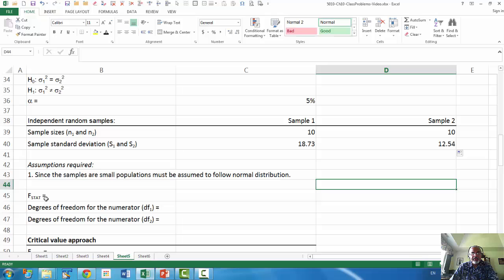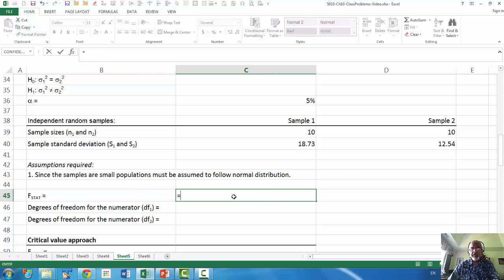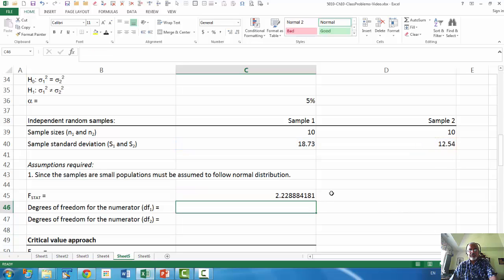So the F statistic then is S squared sub 1 over S squared sub 2. So this will be, take S sub 1, square it, and divide by S sub 2 squared. So that is the F statistic value.